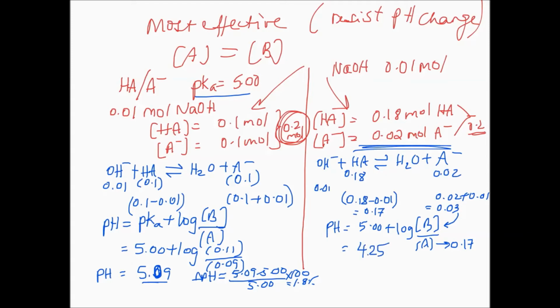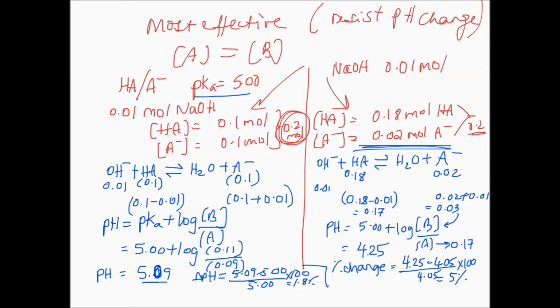Now if you look at the percentage change in the pH, it went from 4.05 to 4.25, and if you try to figure out the percent, it comes out to be 5%. So realize that the buffer with equal amounts is more resistant to pH change and is an effective buffer. So we basically proved the principle.